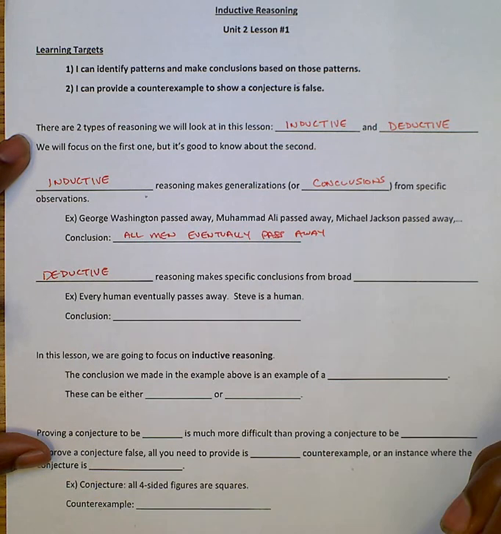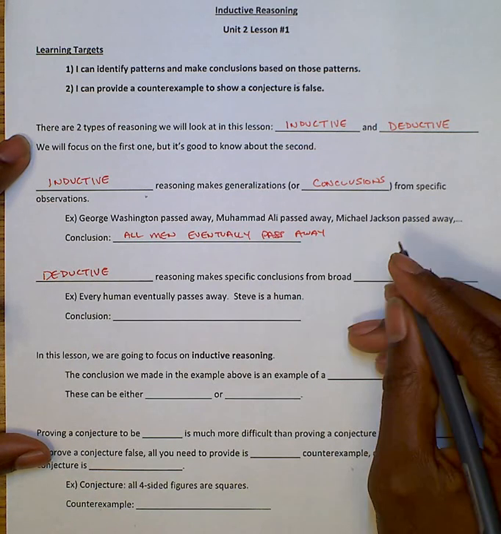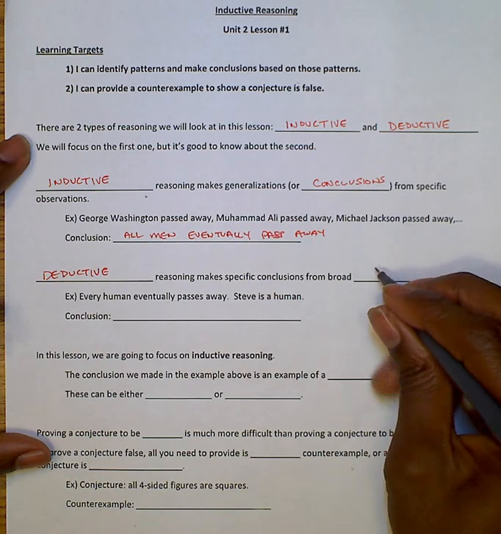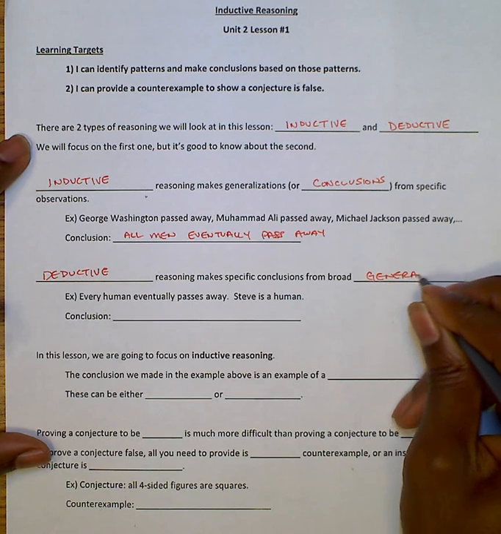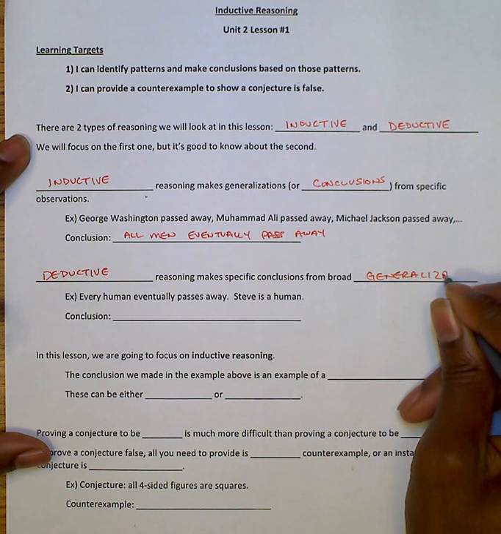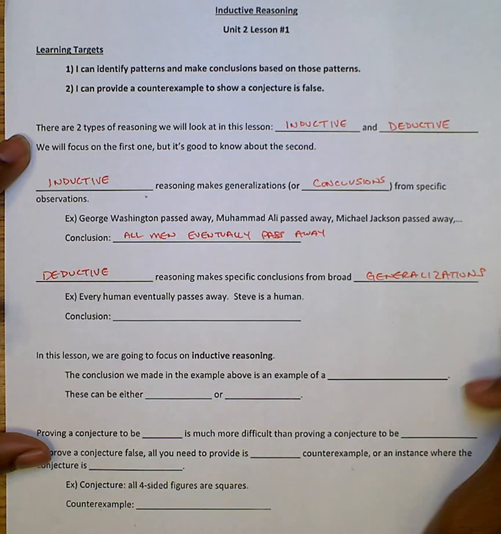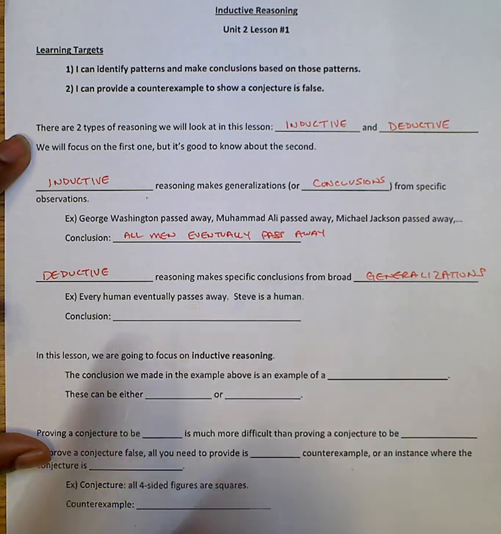Okay, deductive reasoning makes specific conclusions from broad generalizations. So you'll notice that this is inductive reasoning backwards. Here's our broad generalization: every human eventually passes away.